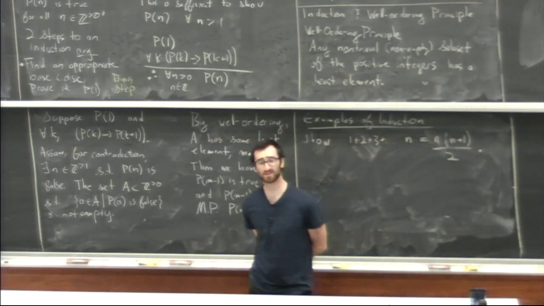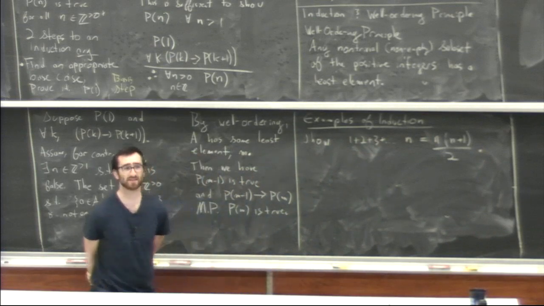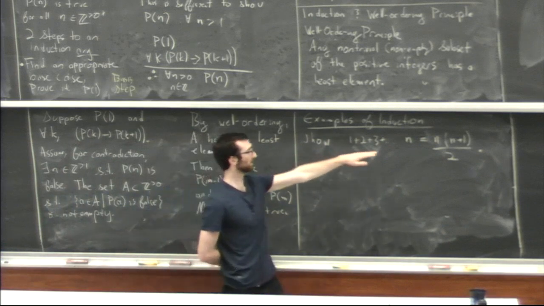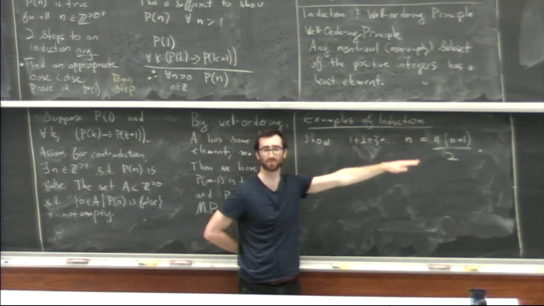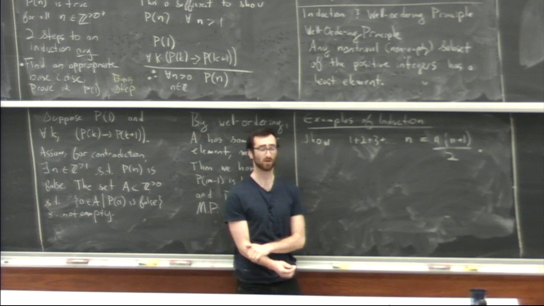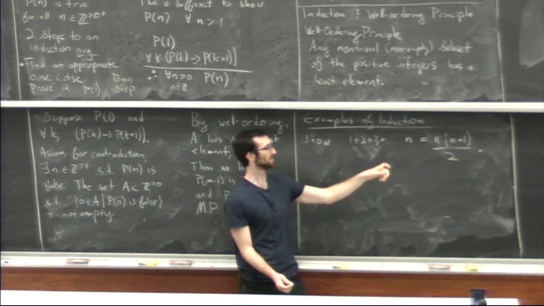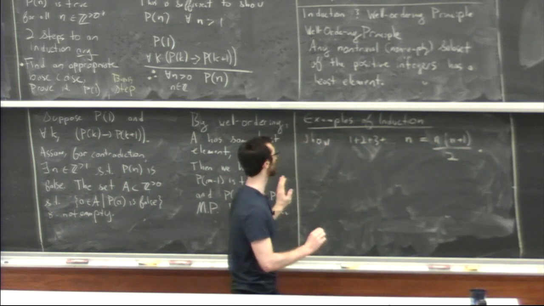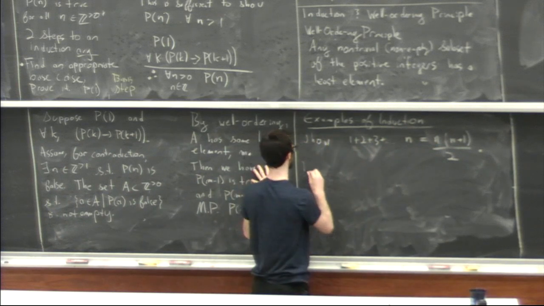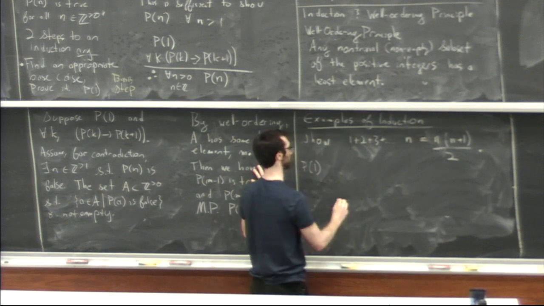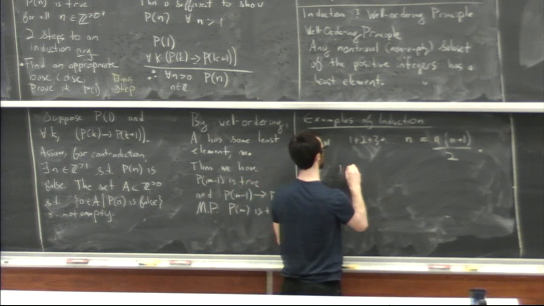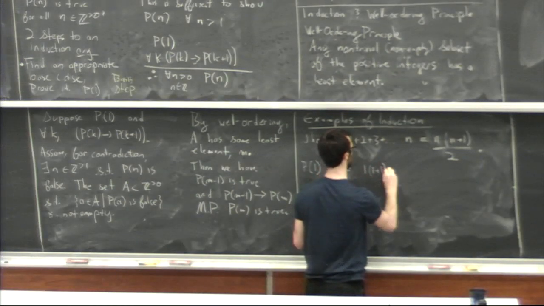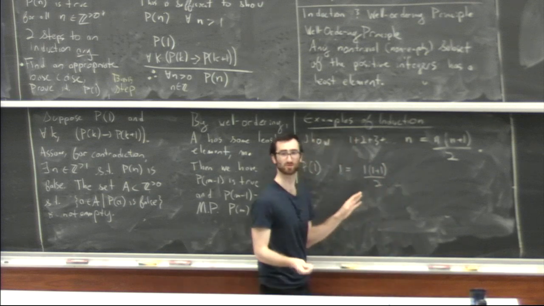The first thing that I need to do is I need to find an appropriate base case. So basically, this is a whole sequence of propositions. The first proposition being 1 is equal to 1 times 2 over 2. Let me just write down a couple of the propositions, right? P of 1, the first proposition, asserts that 1 is equal to 1 times 1 plus 1 over 2. And this is true.